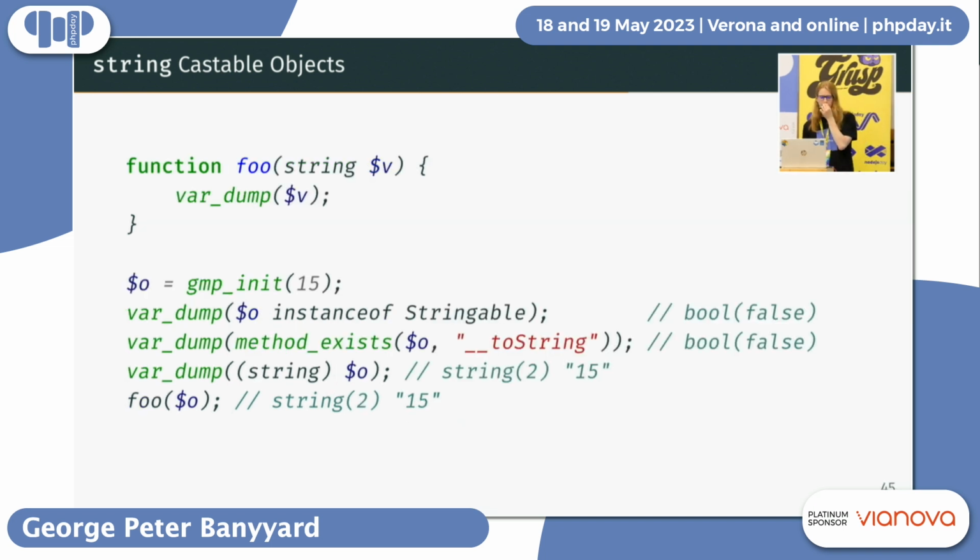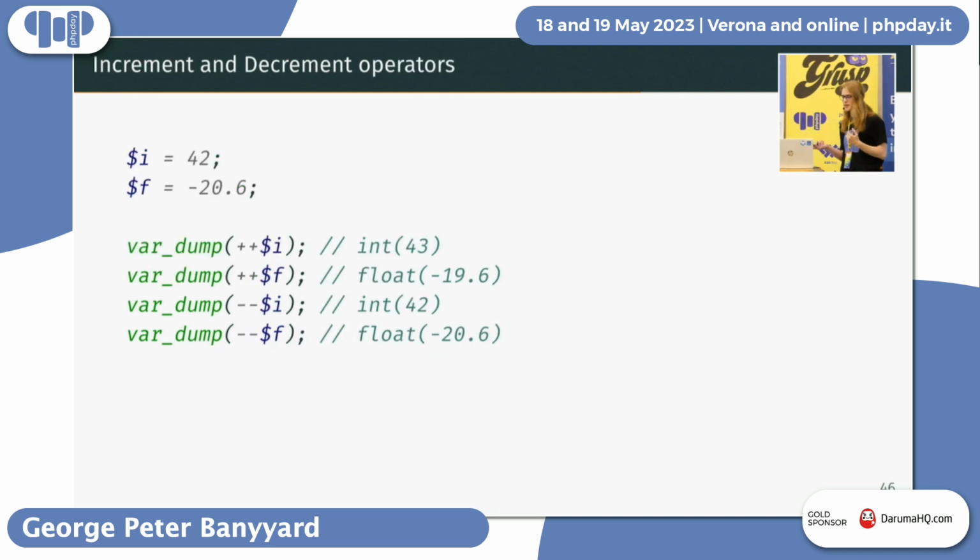It's somewhat well known. Now, I'm talking about string-castable and not stringable because GMP, our lovely child, is able to get cast to a string, but just does not implement the Stringable interface nor has the toString method, but it still works. So this is always great. Brilliant assumptions, PHP.